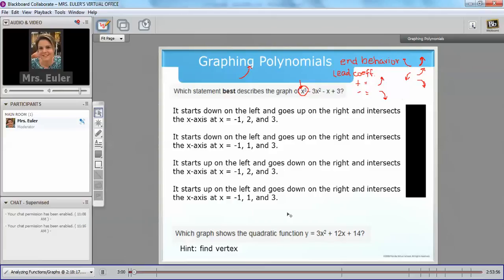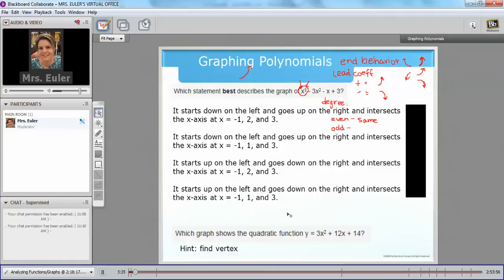We have to figure out what the beginning of our graph is doing, and that comes from the degree. The degree of this polynomial is going to tell us the beginning of the graph, and this is how it works. If the degree is even, then the beginning of the graph is going to be the same as the end of the graph. The left side is going to be the same as the right side. If the degree is an odd number, then it's going to be different from the other one.